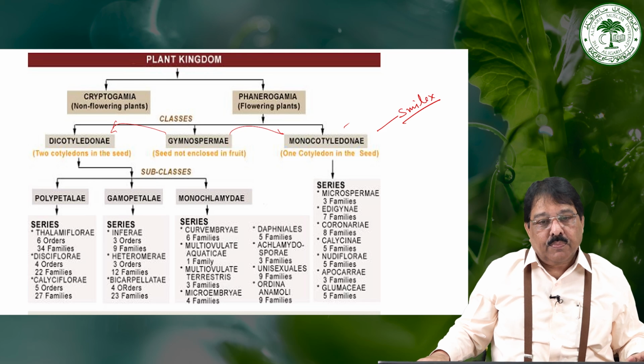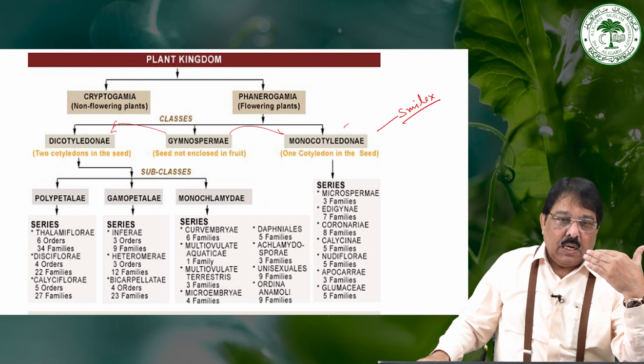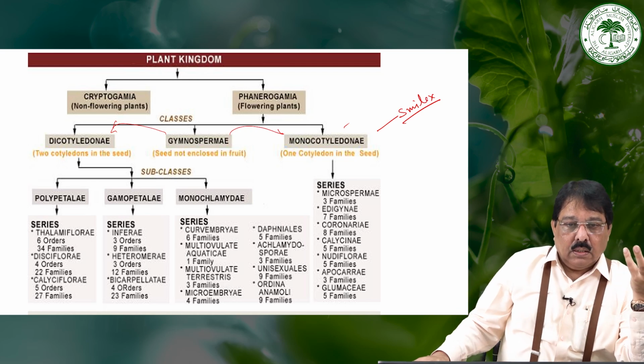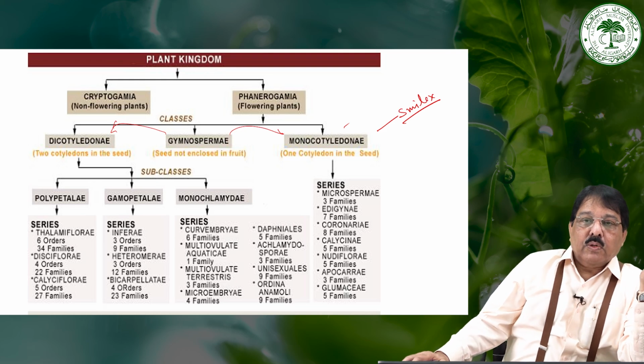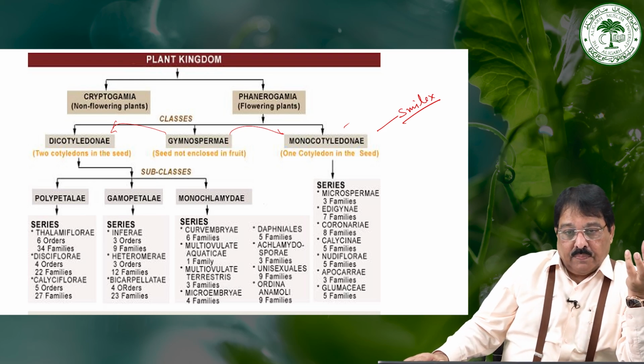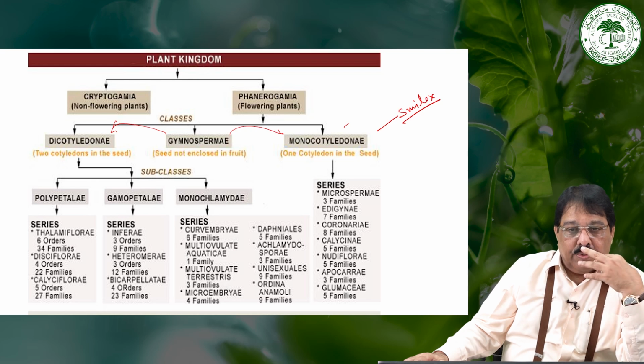In case of the polypetalae, the petals would be free. And in case of the gamopetalae, the petals would be fused. And monochlamydeae, the tepals or petals either would be free or would be fused.